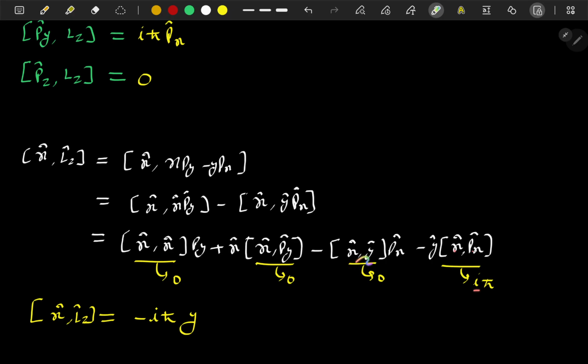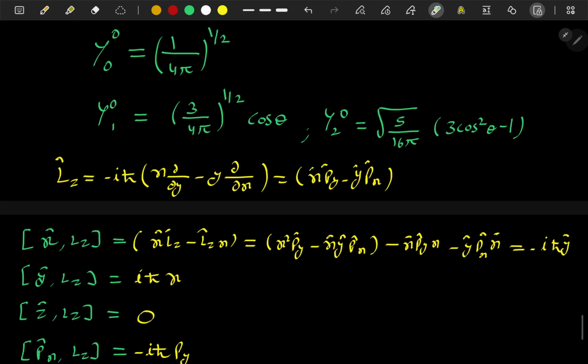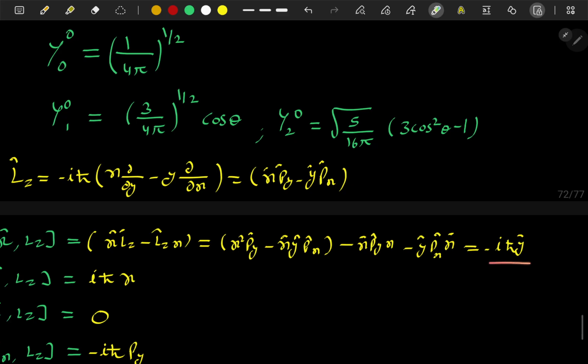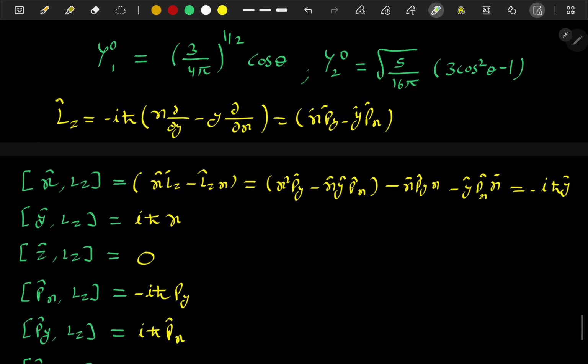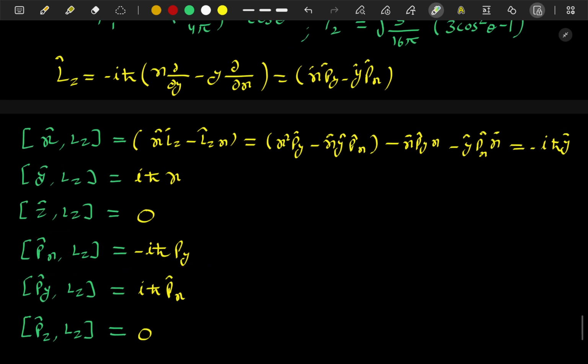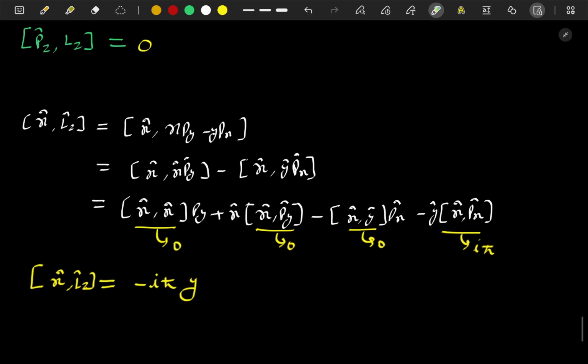So [x, Lz] will be minus i h cross y. This should also be remembered. [x, Lz] is minus i h cross y, [y, Lz] is i h cross x, and [z, Lz] is 0. [px, Lz] is minus i h cross py, [py, Lz] is equal to i h cross px, and [pz, Lz] is equal to 0.